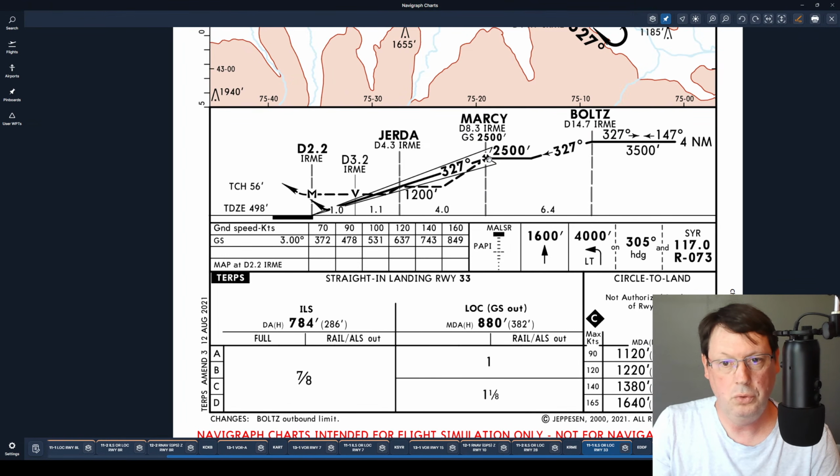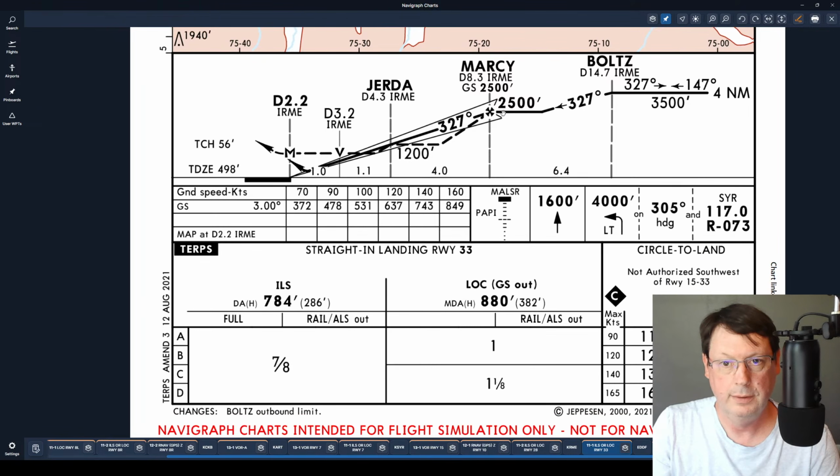But on the localizer, when you cross Marcy at 2,500 feet, you drop down to 1,200 feet, and you fly 1,200 feet to Jerda, which you measure by the distance, 4.3. And then after Jerda, you can descend down to the localizer minimums, which are 880 feet.